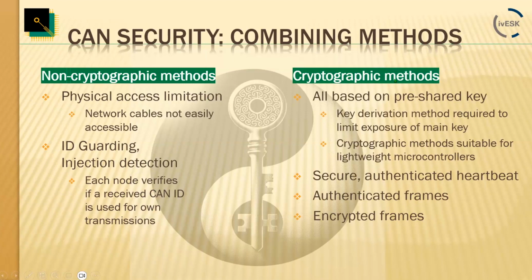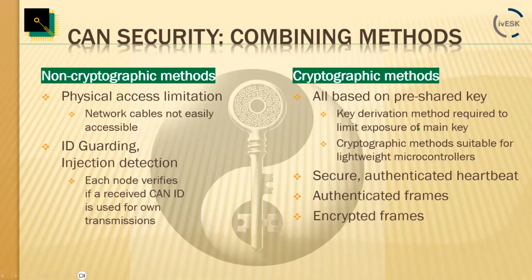Now, when it comes to cryptographic methods, everything I've seen so far is based on pre-shared keys. So there are symmetric keys that need to be shared before we start, typically at system integration, when the entire system is switched on for the first time.